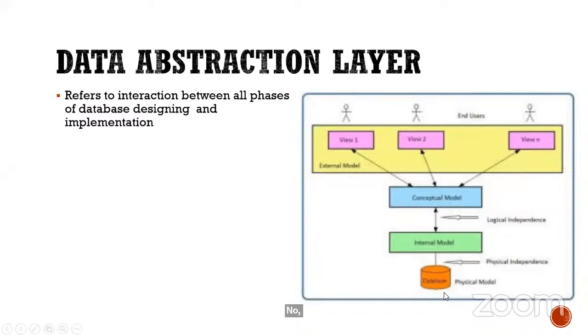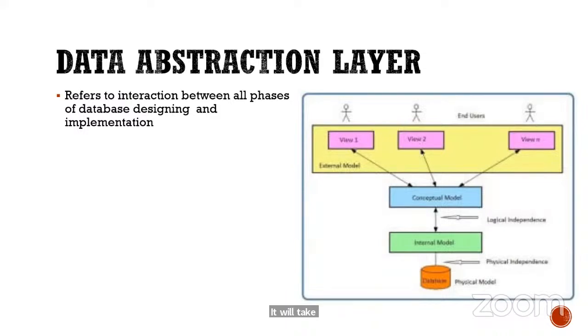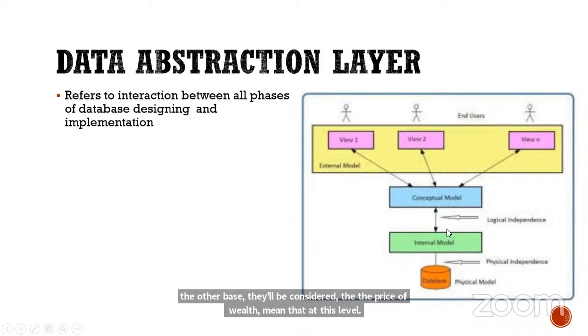Under the physical model, they'll be considering the transport involved in movement, and how they're going to manage their hardware. Maybe logistics involved in managing the database, the security of the database, they'll be considering even the price of fuel. Meaning that at this level, they hardly ignore any data.